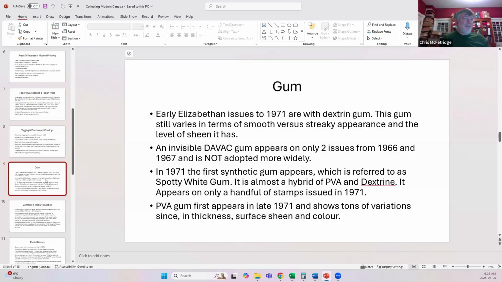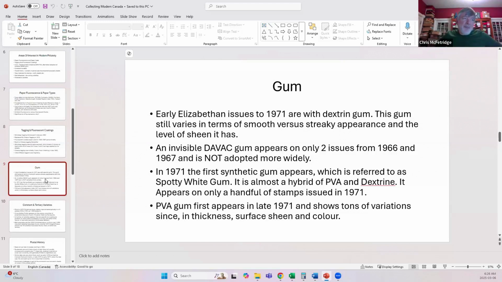Even within that category, you'll see on Canadian stamps there are different kinds of dextrin gum. There's smooth versus streaky. The level of sheen in the gum denotes differences in the chemical composition. So on some of the issues, you can collect different variations of that.